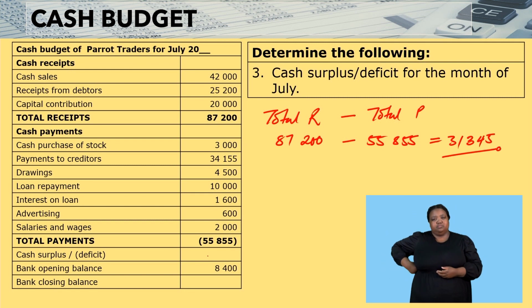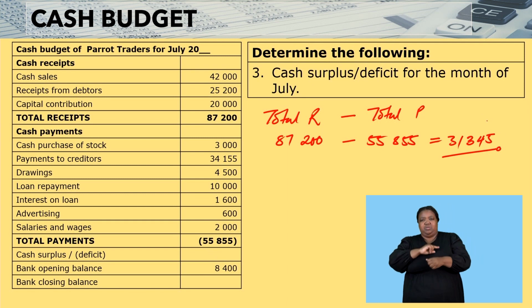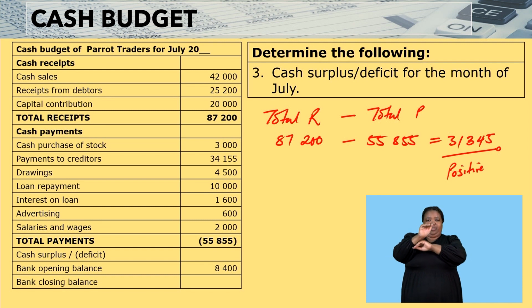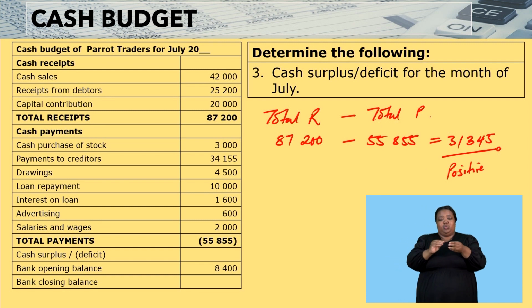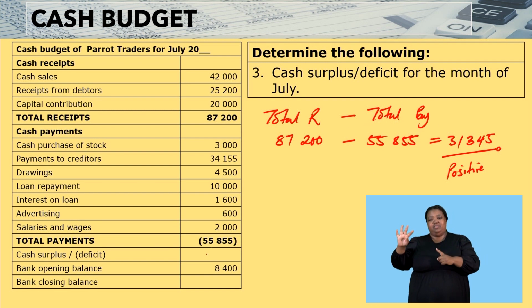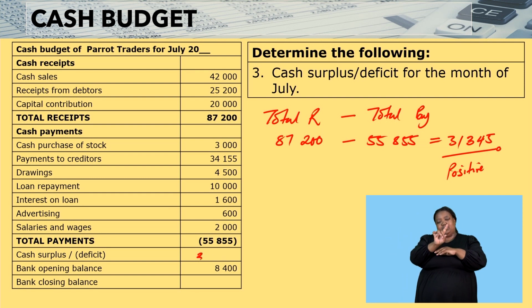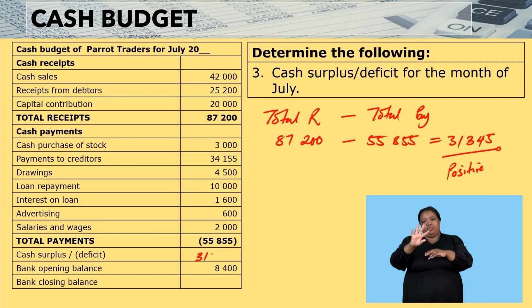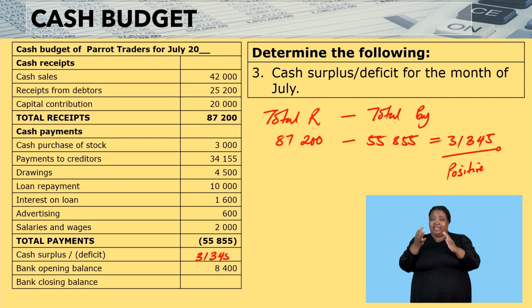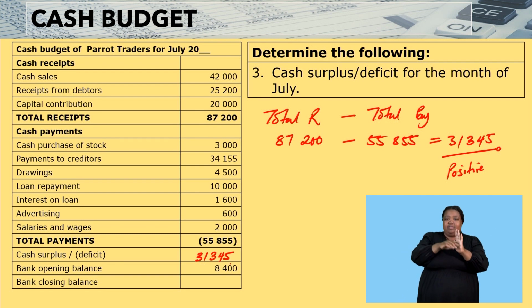So I'll come here. It is a surplus because you can see this amount is positive. When I subtract my total payments from my receipts, I remain with a positive 31,345. So my surplus is 31,345. If it was negative, then it would have been a deficit.